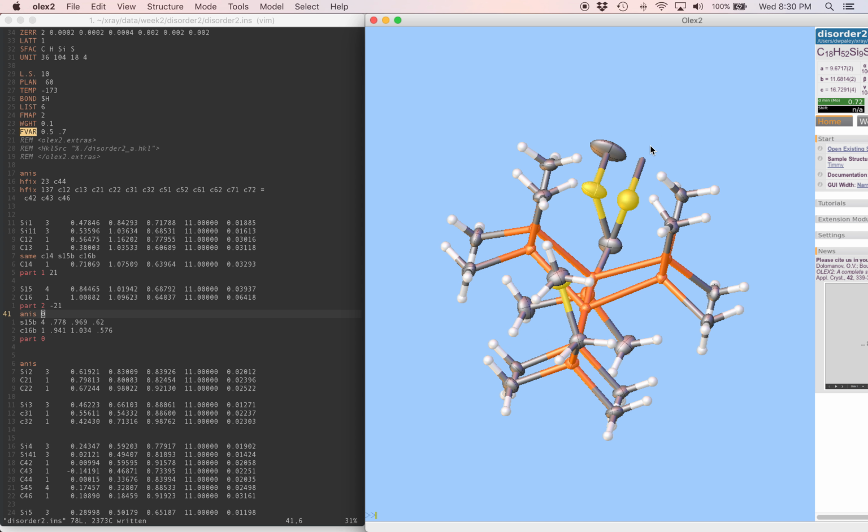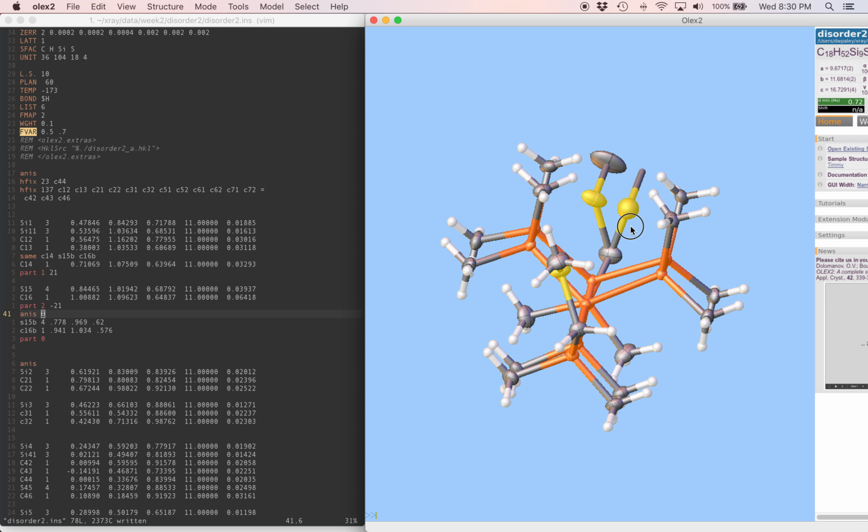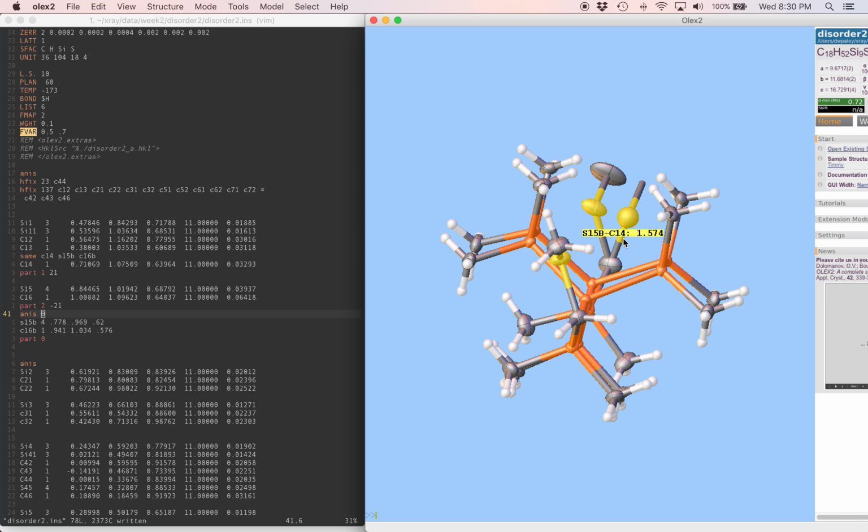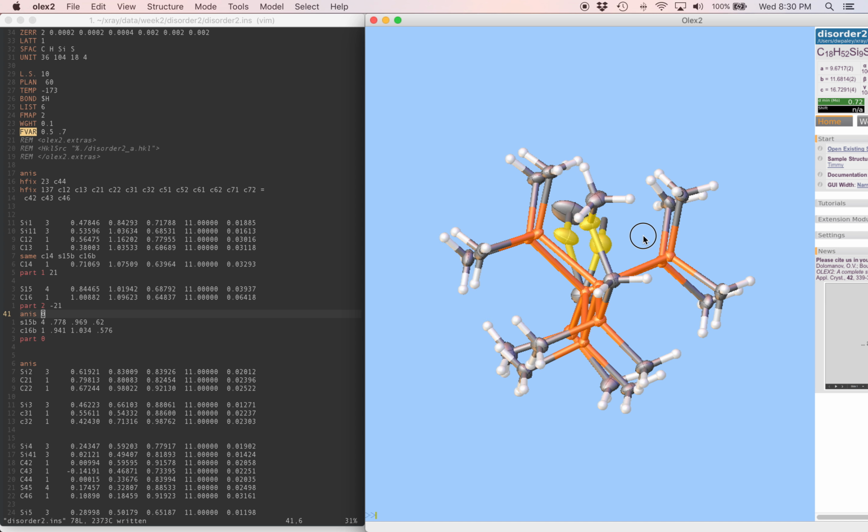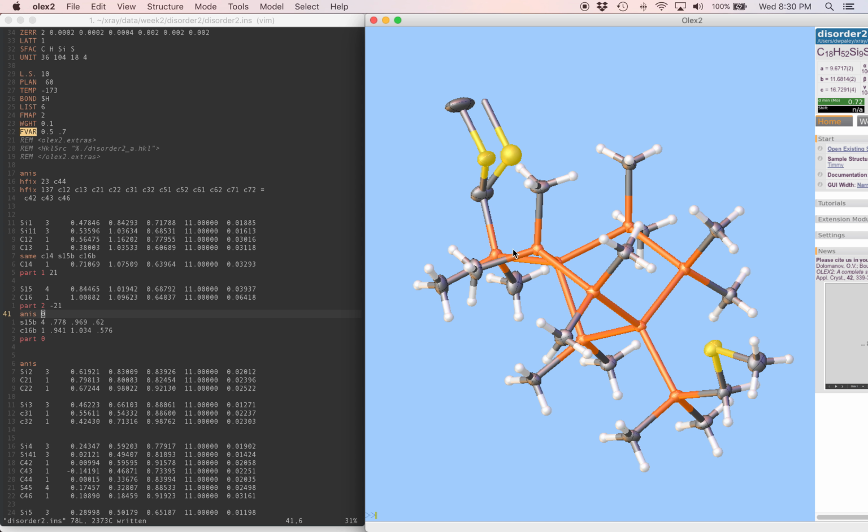Let's check the geometry. Especially, I'm a little worried about the difference in this carbon-sulfur bond versus this carbon-sulfur bond. The big one is 1.79. I happen to know that's about right. The minor component is 1.57, which is way off. So that's a sign that probably carbon-14 should be split as well.